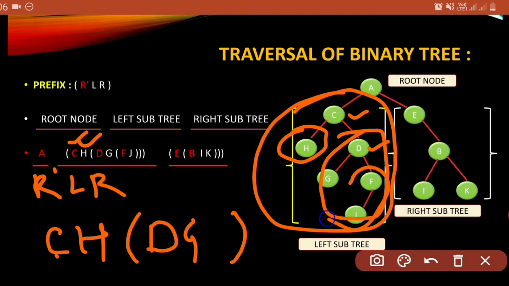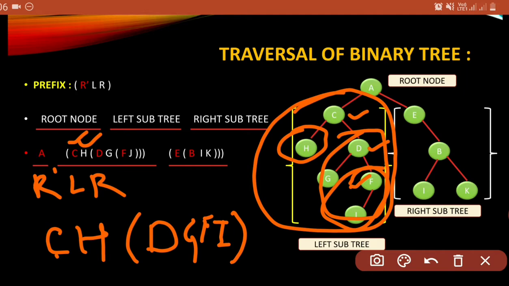In the right again we are having a tree. F is root. That's why I have to write F. And then after root, left. Left is I. Right, they didn't have any right node actually. That's why I'm not writing anything else.